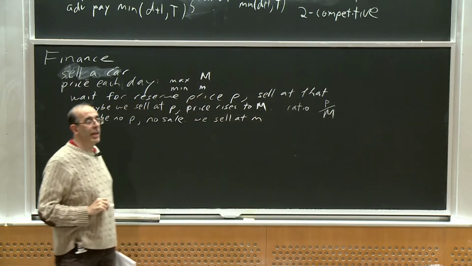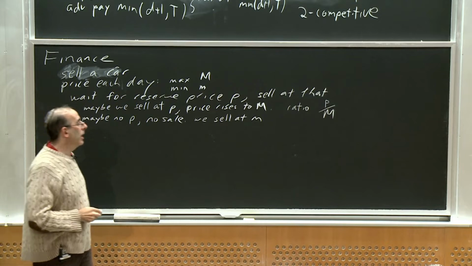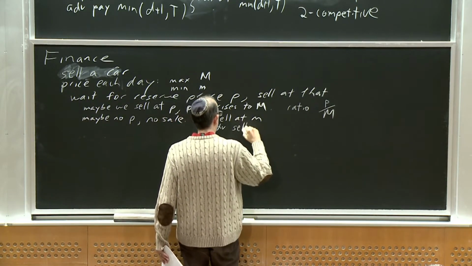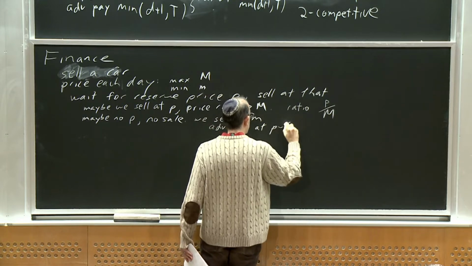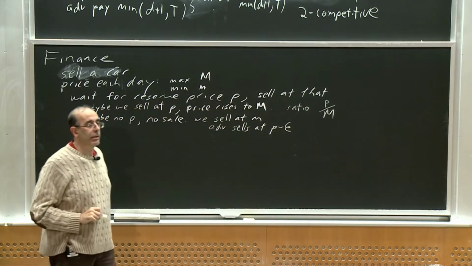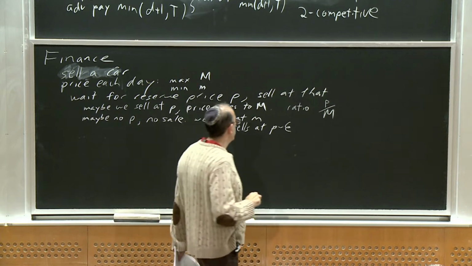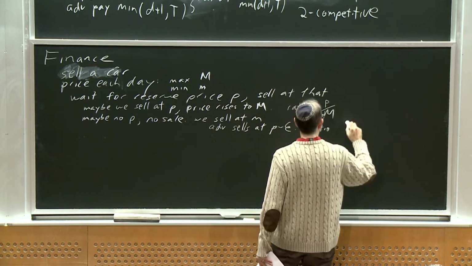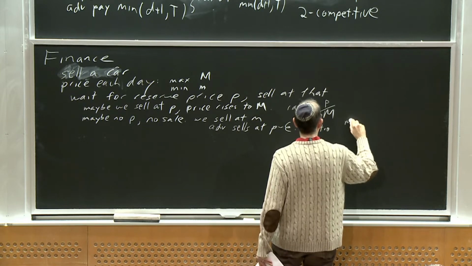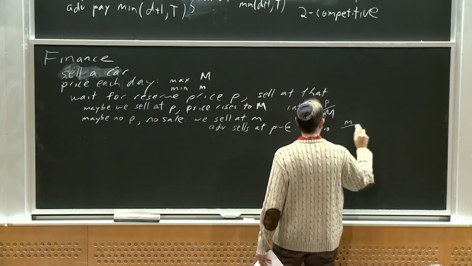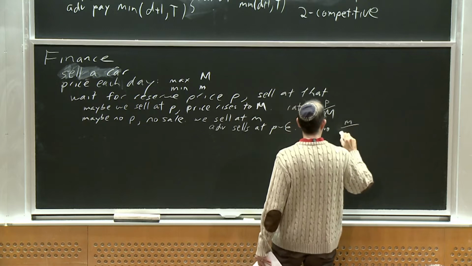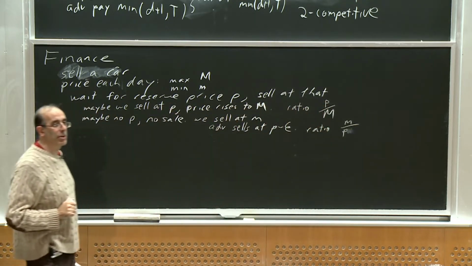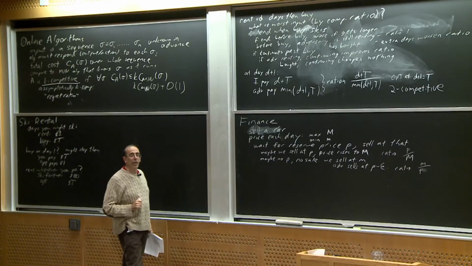What does the adversary get to do? I'm not assuming integers, but let's say the adversary sells at P minus epsilon, right? So now our ratio is the m that we get divided by that P minus epsilon. And I'll just say m over P, right? We'll make epsilon arbitrarily small. All right?